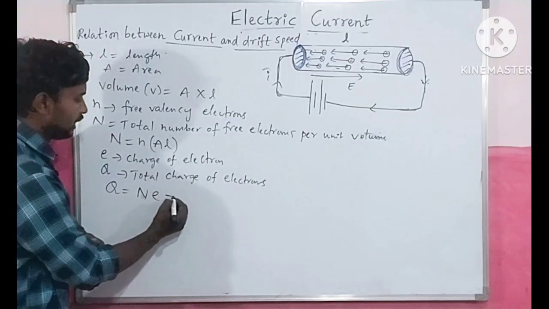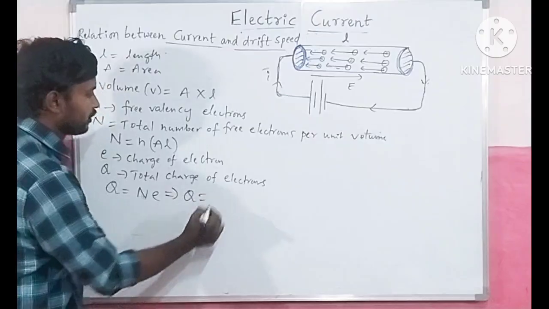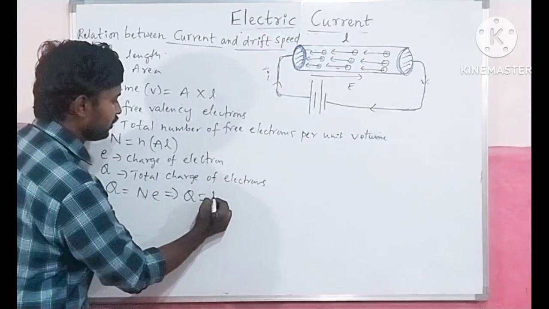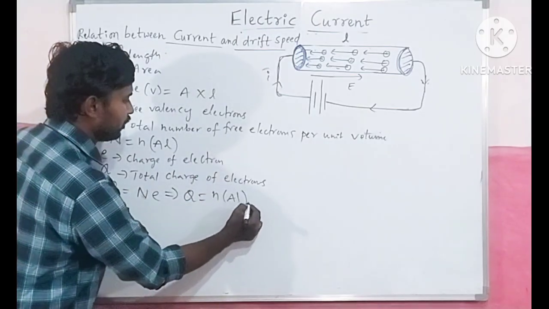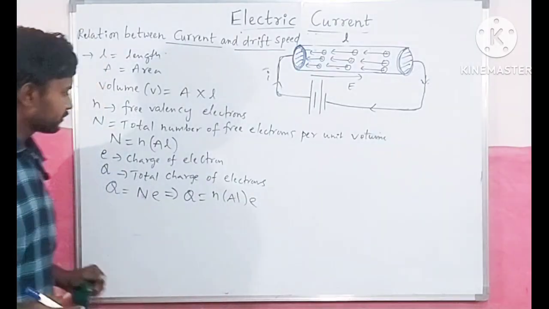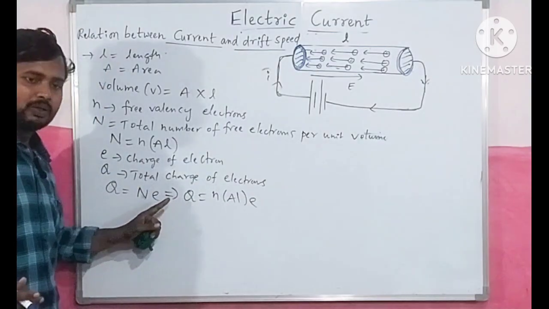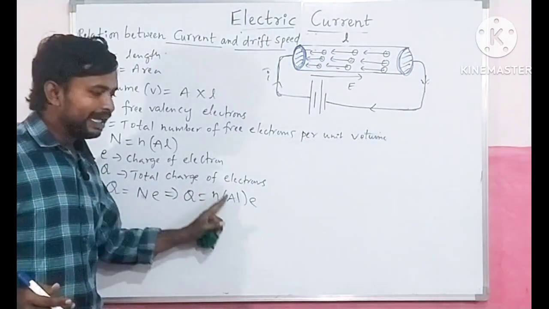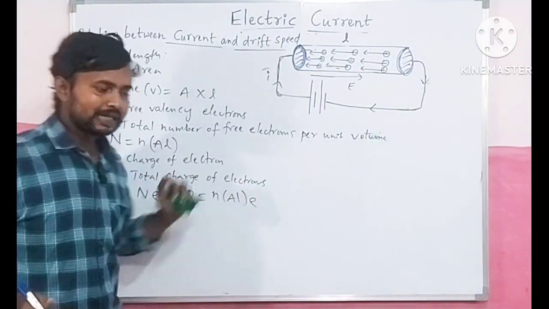So Q equals N into A L into e, that is, the total charge equals n A L e.